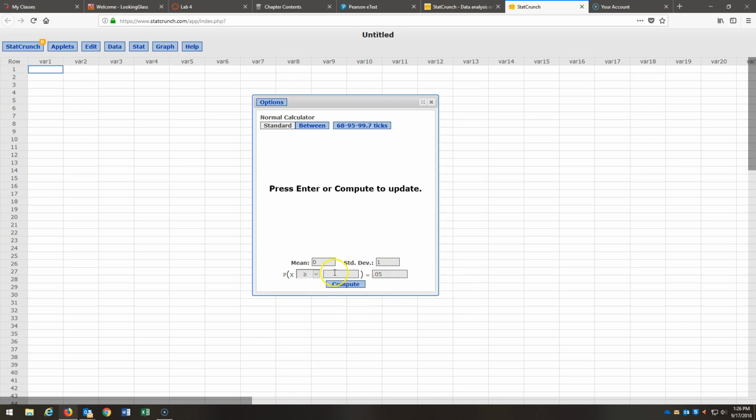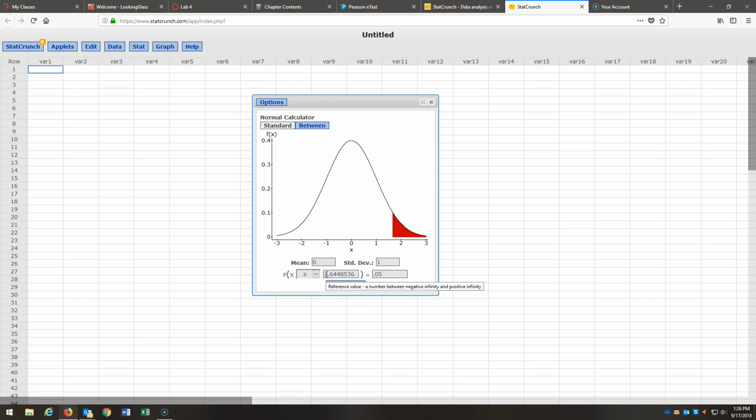So we're looking for the z-score that puts 0.05 in the right tail. So we need to make sure that this is set to greater than or equal to, and put the 0.05 there in the probability, and what we see is that z.05 is 1.6448, etc. So we have our z alpha, and z alpha typically refers to a right tail area.